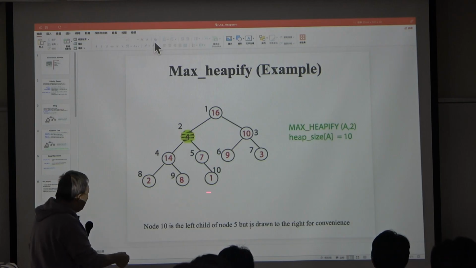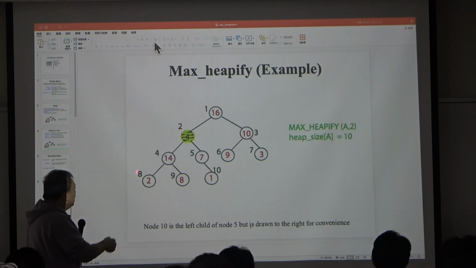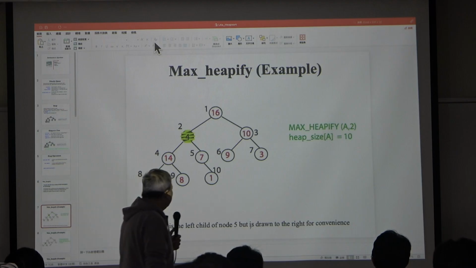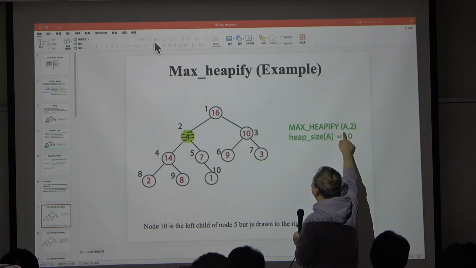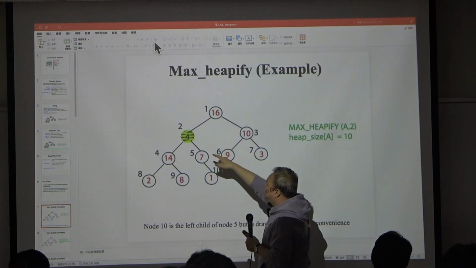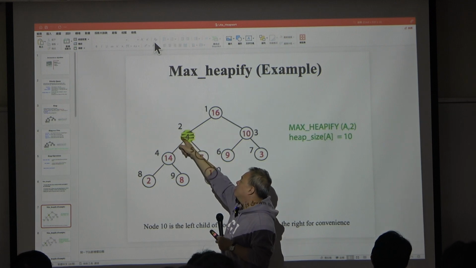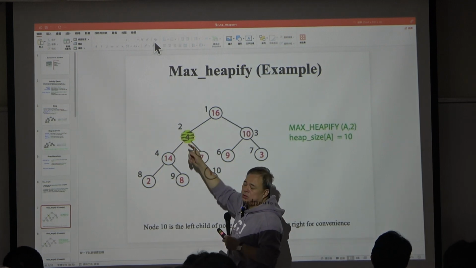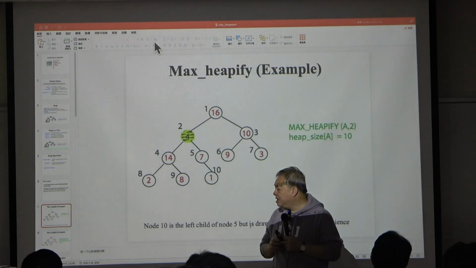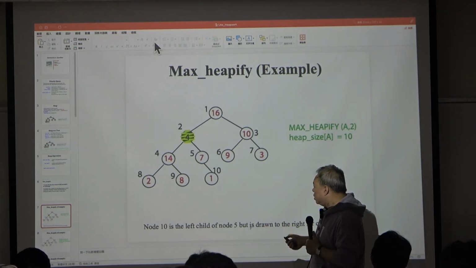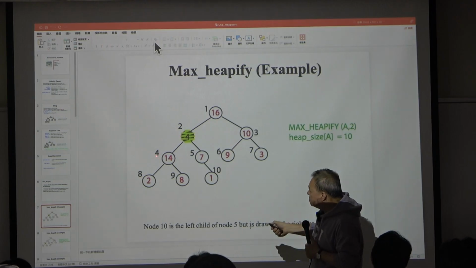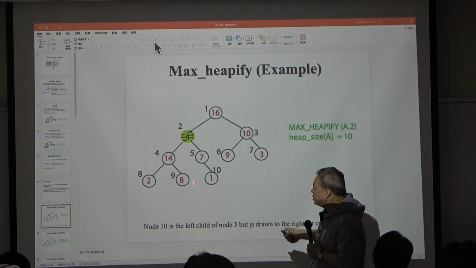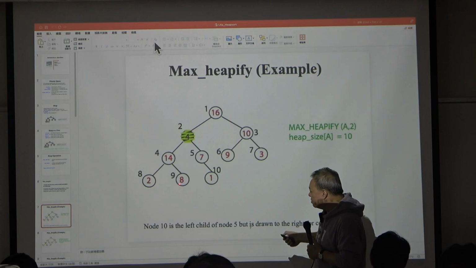What happens is that when we call max Heapify A, 2, why is it 2? Because it's the index where we want to correct this issue. So we need to push this 4 down to where it should be located.